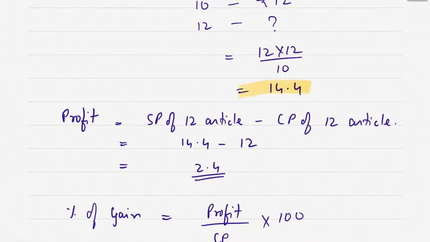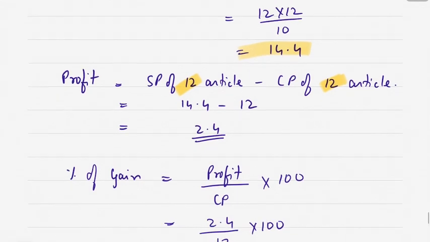While calculating profit or loss, the number of articles should be the same. That means selling price of 12 articles minus cost price of 12 articles, or selling price of one article minus cost price of one article, or selling price of 10 articles minus cost price of 10 articles.